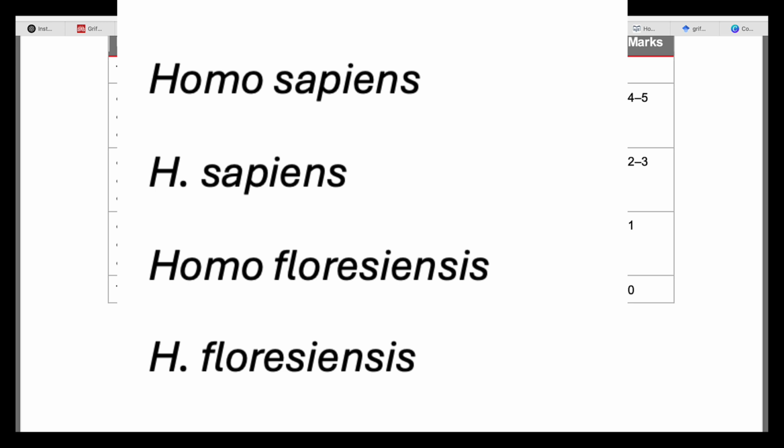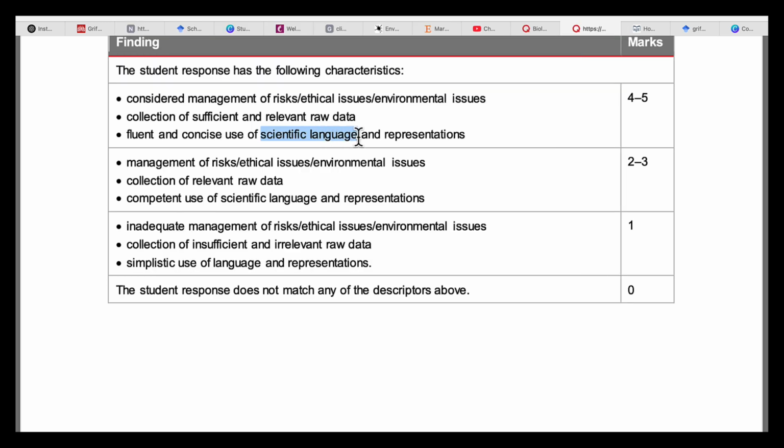The genus name has a capital and the species name starts with a lowercase. But the other thing is fluent and concise. We're making a judgment about your whole document in terms of how fluently you're communicating. Concise means that you're not being repetitive.